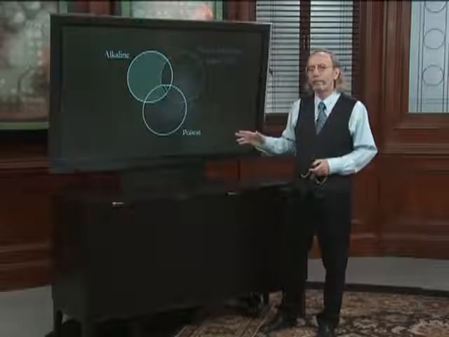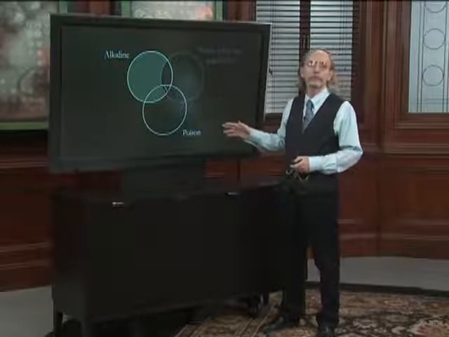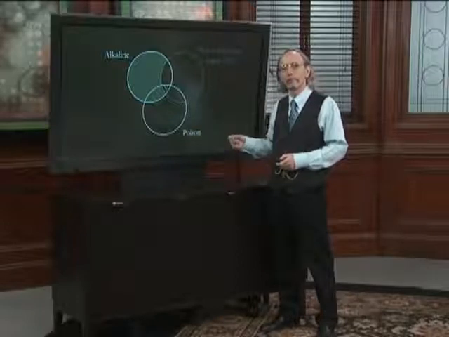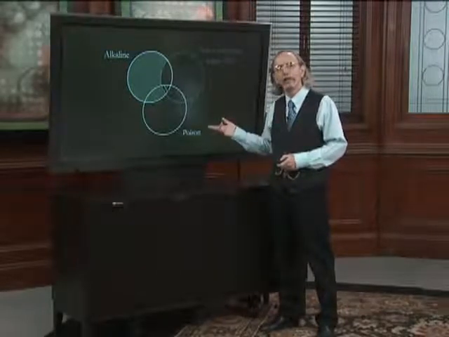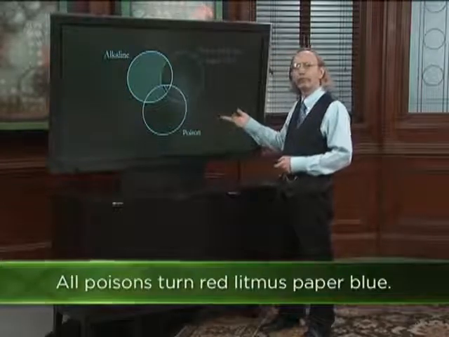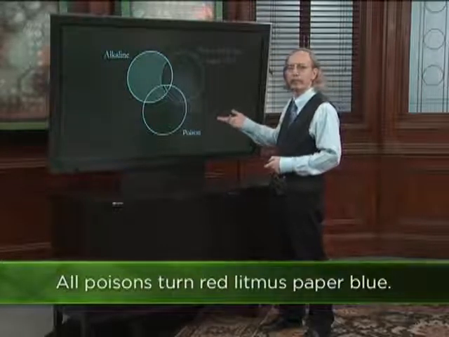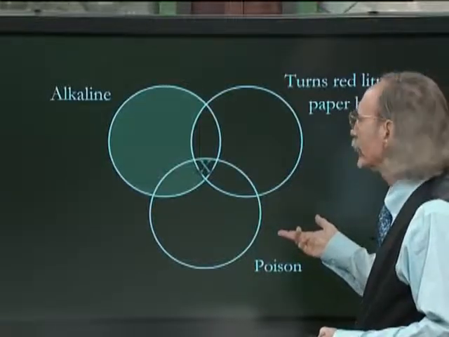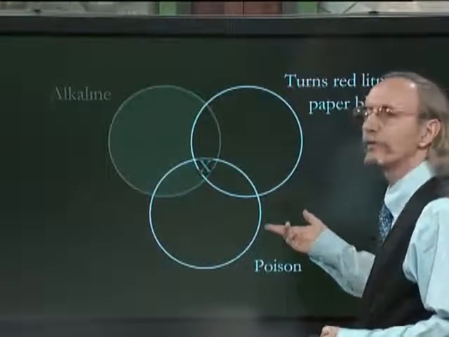Step 3, we test the syllogism by seeing whether the conclusion would tell us anything new. What does the conclusion say, and how would we graph that? All poisons turn litmus paper blue. That would mean that there are no poisons outside of the turns litmus paper blue area.